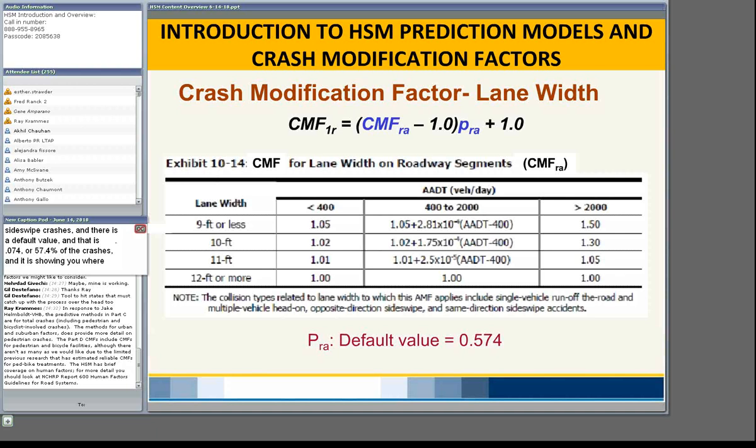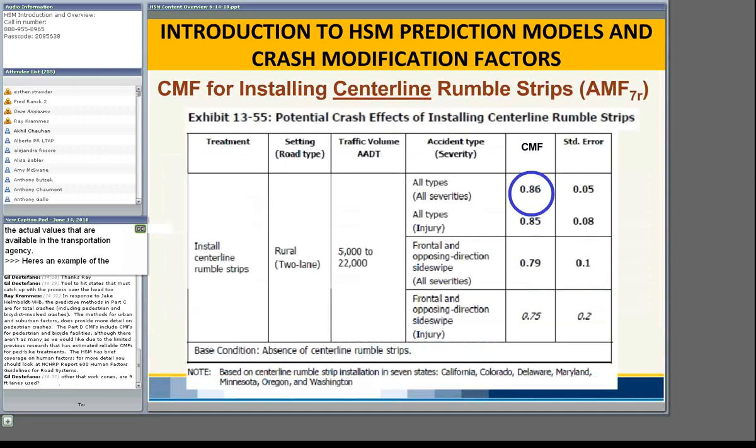And this is an example where the Highway Safety Manual does have default values. And it is recommended in the Highway Safety Manual that the default values be replaced with actual values if they're available in your transportation agency.